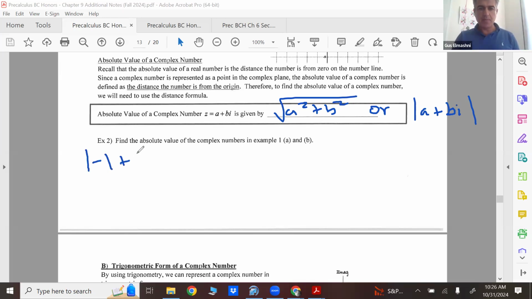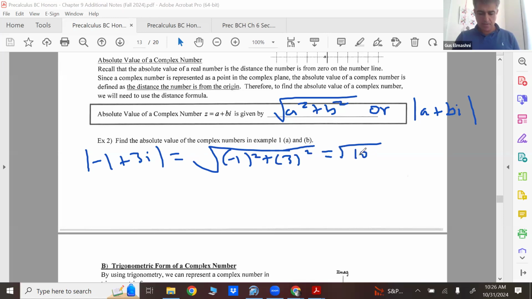So for point A, that would be this, which of course is root 10. And the other one, exactly, you do. Yes, you do, because you're looking at b. b is the coefficient of i. Actually, I'm glad you brought that up, because that would change things dramatically.